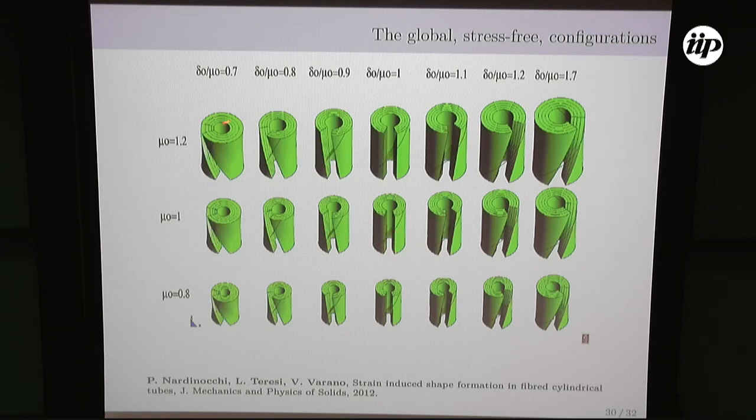You can rotate one base with respect to the other base, and these shapes resemble very much the shape of a beating ventricle. During the beating of the ventricle, you have a change in length, a rotation of the apex with respect to the base. Of course, you need a change of the volume inside the ventricle, and all these configurations are stress-free.